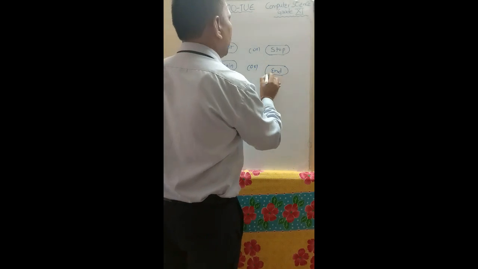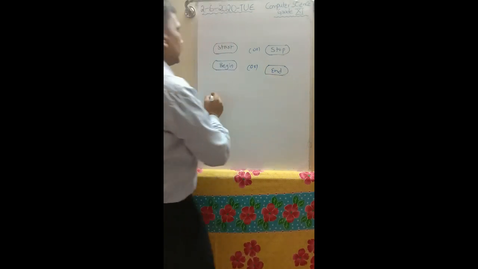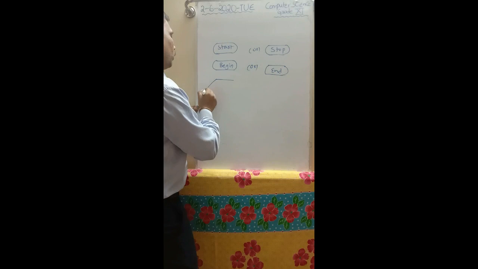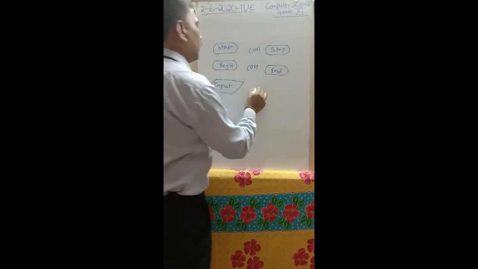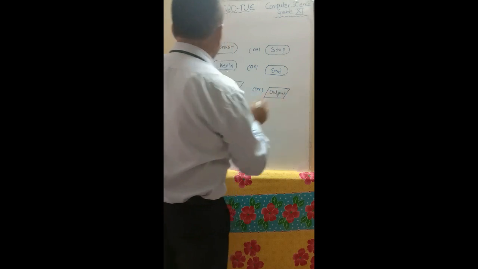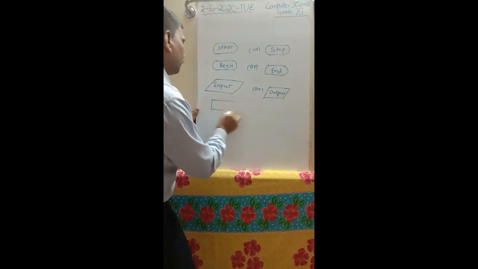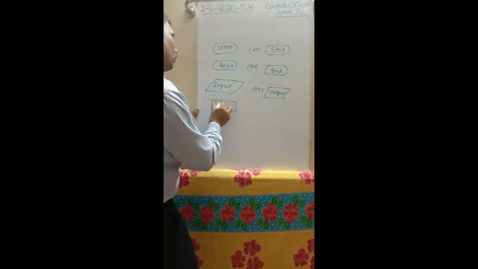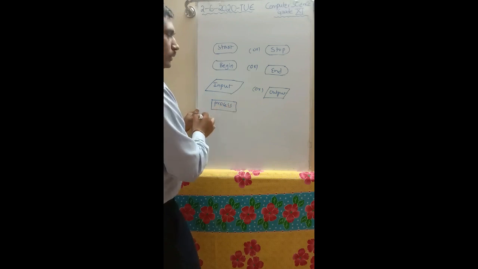Okay, next, coming to the second one, input or output. This can be used for input or output purposes. Both purposes it can be used. Okay, next, coming to the rectangular shaped box: process, computational process box.